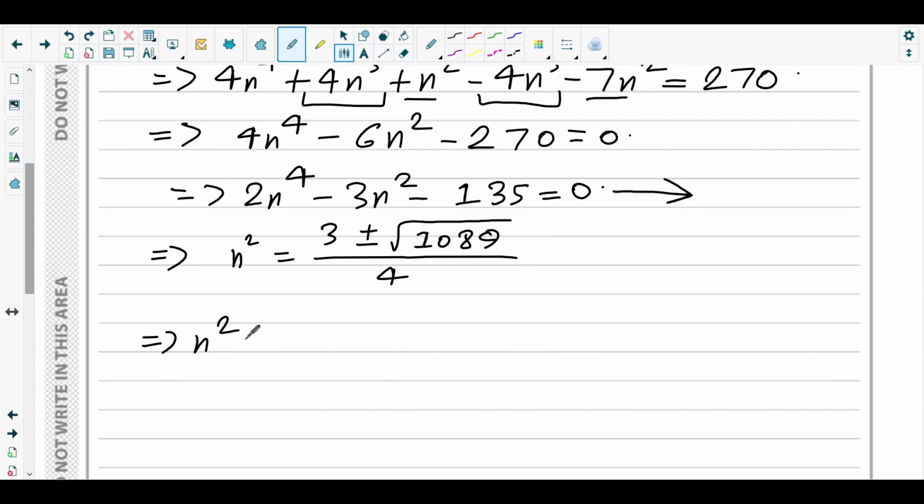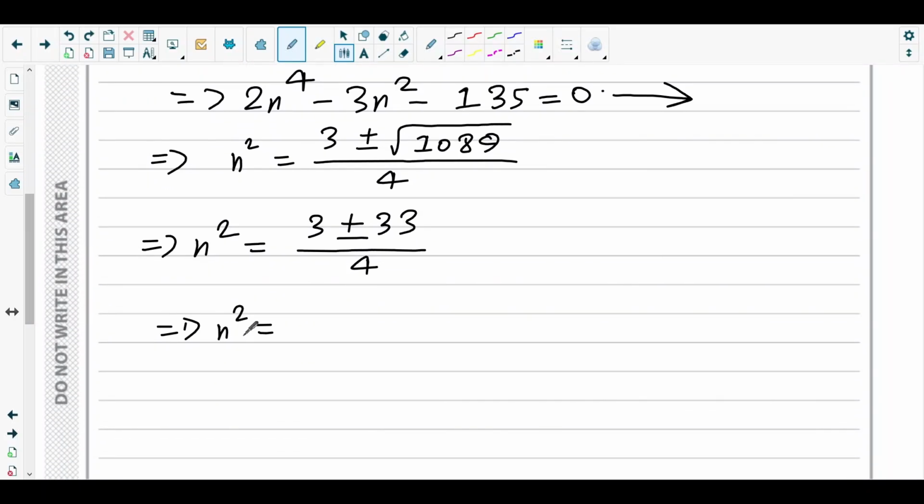So either n squared equals 3 plus the square root of 1089, which is 33, over 4, or 3 minus 33 over 4. Since it is squared, we know that square numbers are always positive. So 3 plus 33 is 36, and 36 over 4 is basically 9.